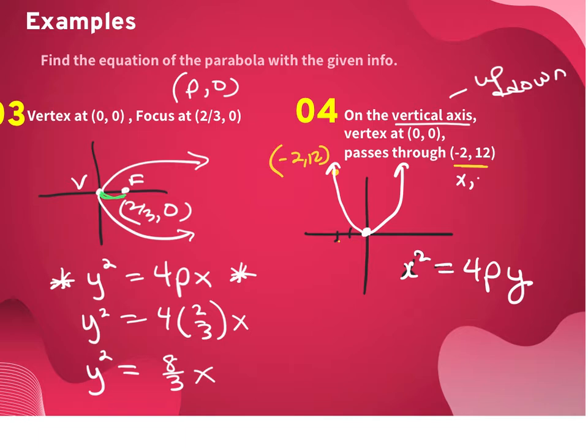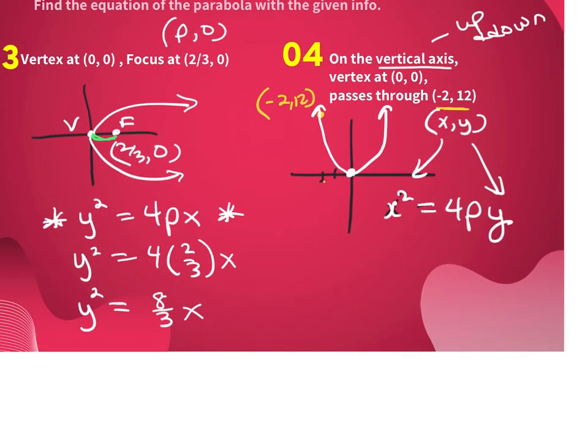Remember, when you have an ordered pair, the first number is x, the second number is y, and I'm going to plug those two in for the x and the y and solve for p. Then once I get p, I plug it back in like I did the other ones. So I'm going to place -2 for x and square it. I'm going to put 12 for y.